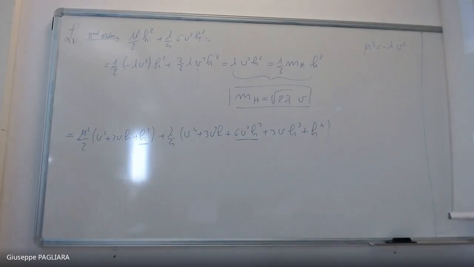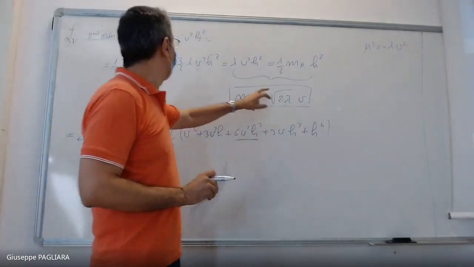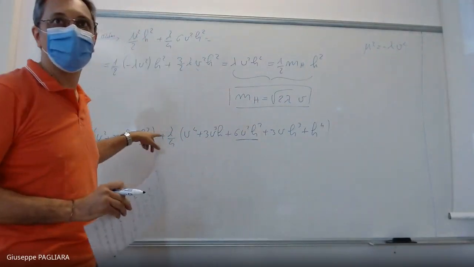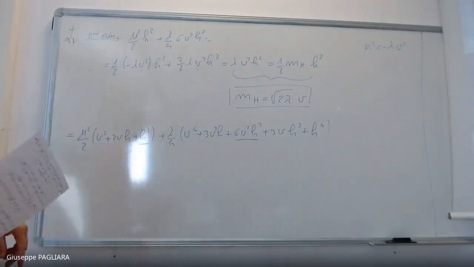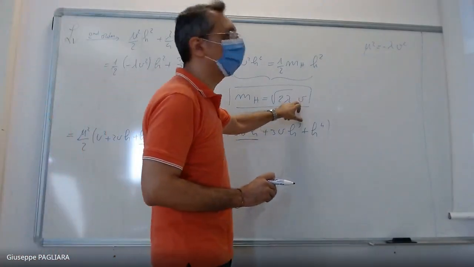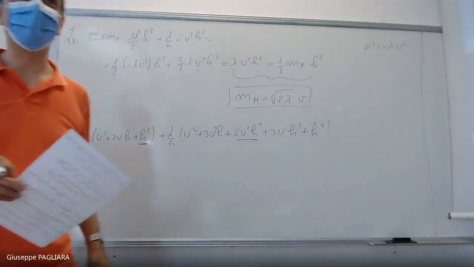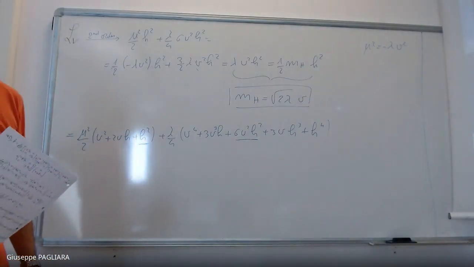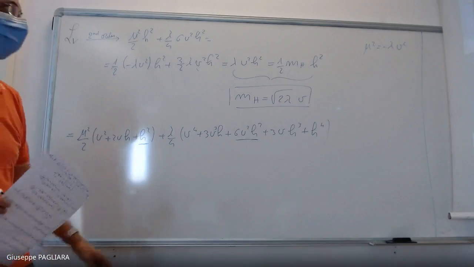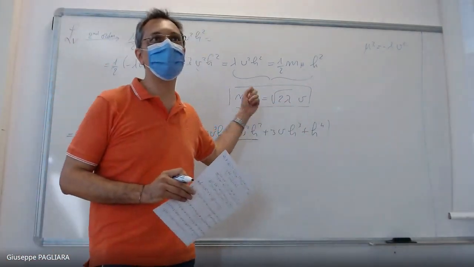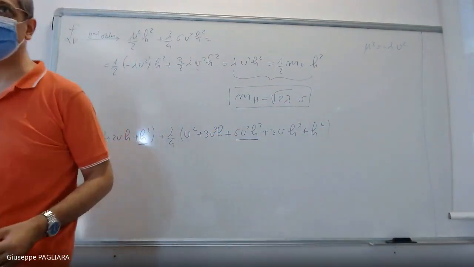This is our first result today. So lambda is just a parameter that enters into the Lagrangian, which essentially evaluates the strength of the four-point self-interaction term. And v is the vacuum expectation value of the field, the value of the field at the vacuum. So it's a number, and numerically it will correspond to the mass of the Higgs boson.